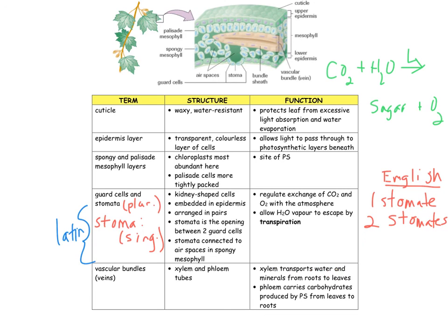Going back to our equation, photosynthesis requires water. Where is that water going to come from? It's going to come through our xylem, from the roots up to the leaves, the site of photosynthesis. Now, on the other hand, we are producing sugar in that leaf via photosynthesis. That's one of the points of it.